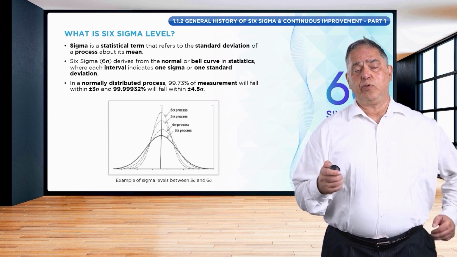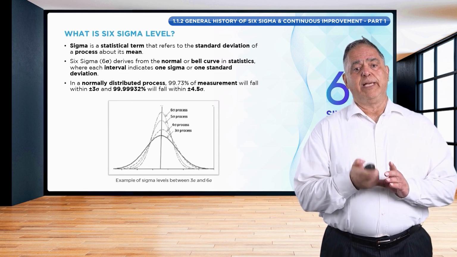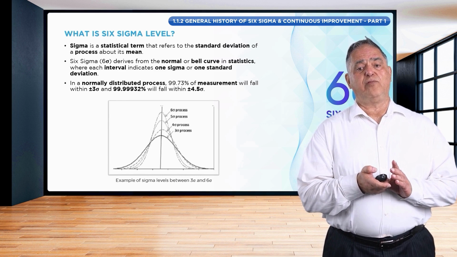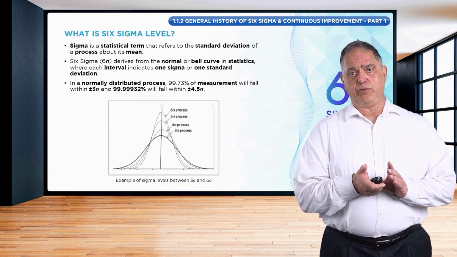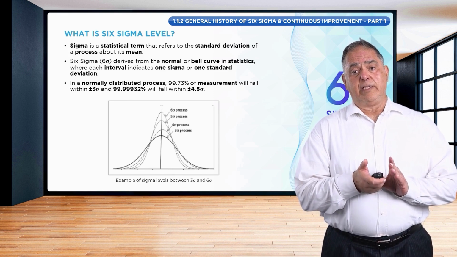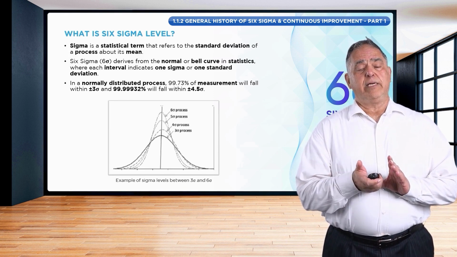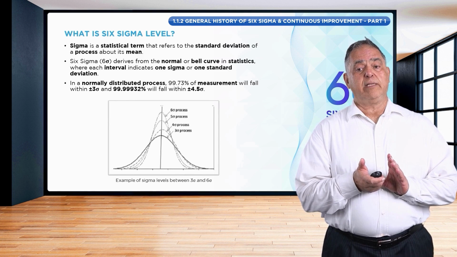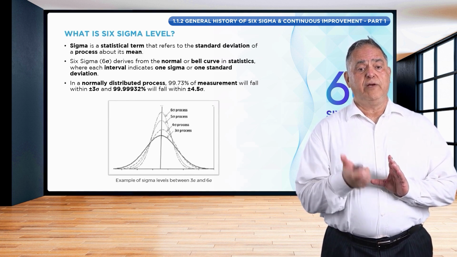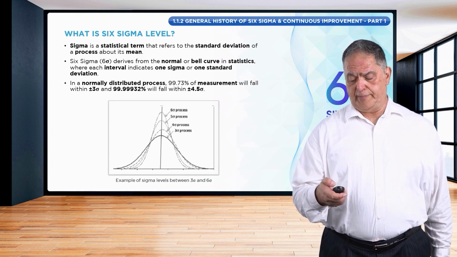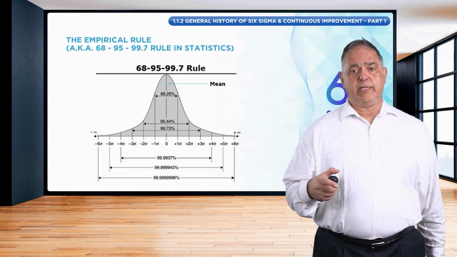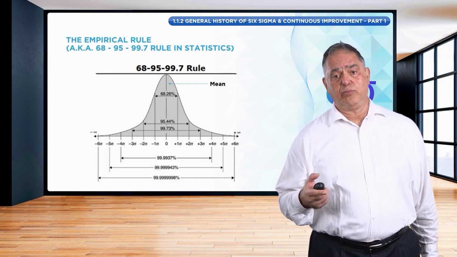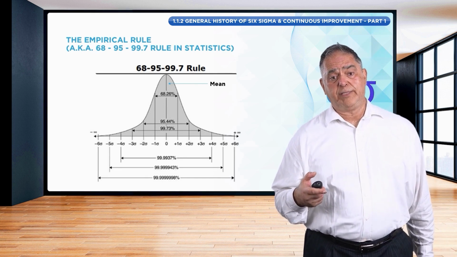So, in a normally distributed process, 99.73% of all measurements will fall within plus/minus 3 standard deviations from the mean. And 99.99932% will fall within plus/minus 4.5 sigma. This is a very important rule in statistics and a very important rule that we use in Six Sigma.